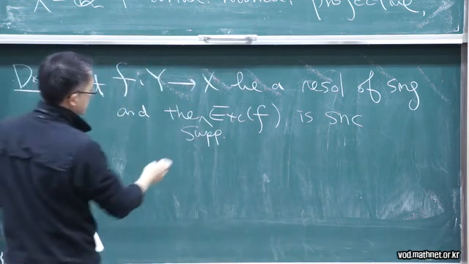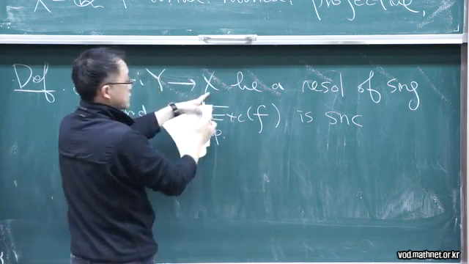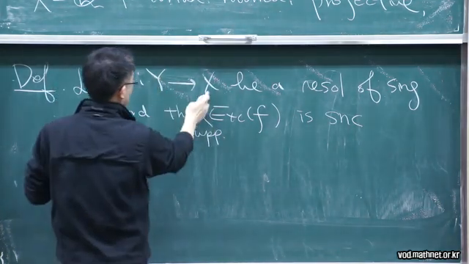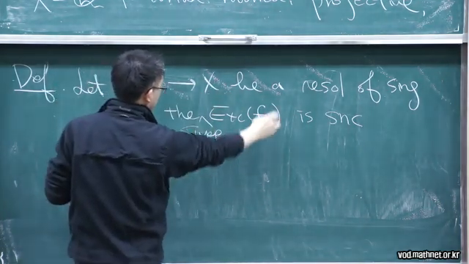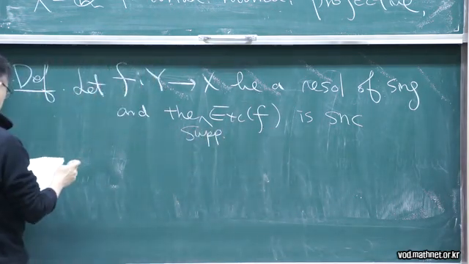Okay, so these are divisors which are contracted on X, and we collect all of them, and they have simple normal crossings.